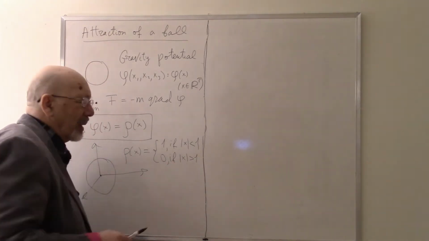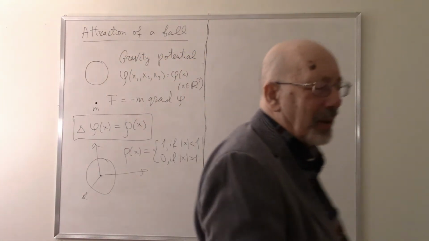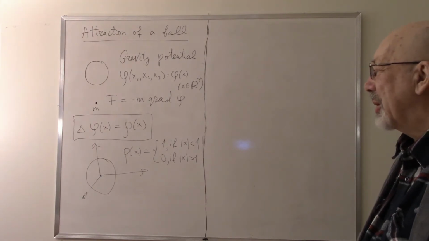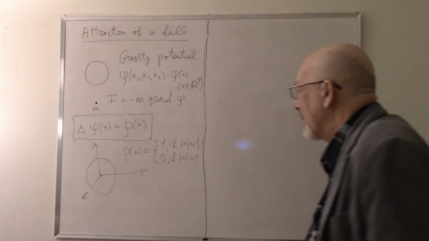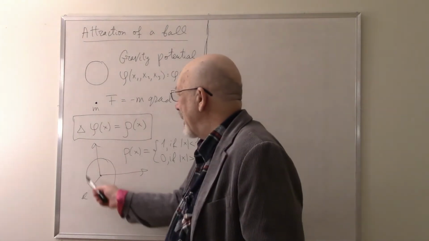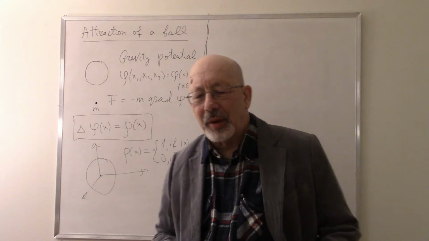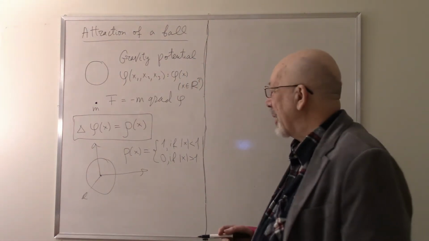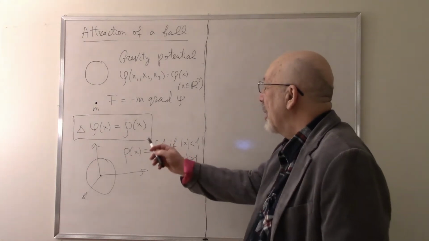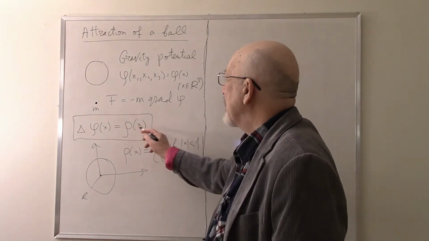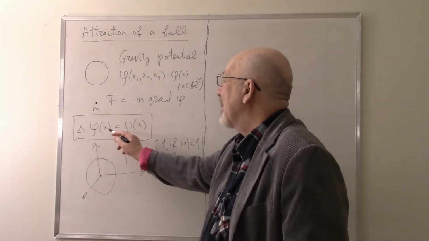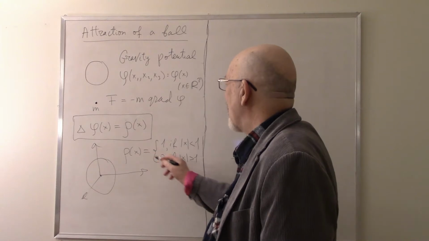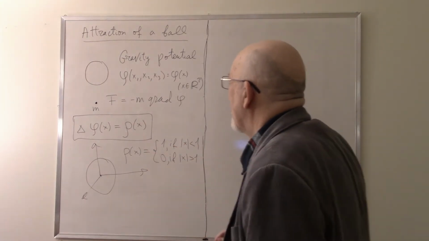Here I did not write what happens when modulus x is equal to 1, but it is not material. It is just a layer of zero thickness on the surface of the planet, so it does not change anything. So we are solving this equation in the whole space: Laplacian phi is rho of x, where rho is this.